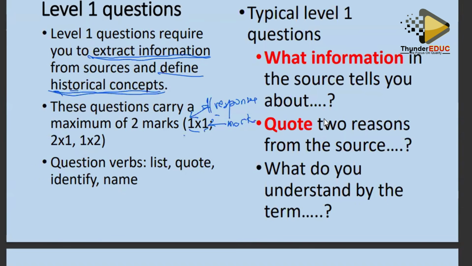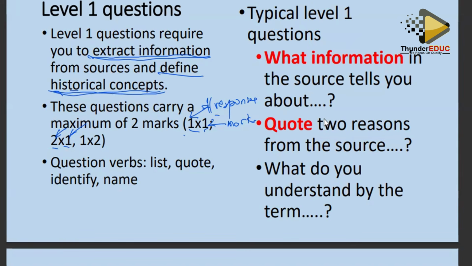For example, name the countries that were involved in a particular historical event. Name the individuals who were actively involved in a particular event. You are naming one, and you're getting 1 mark for that response. It's one response, and the response has got 1 mark. That is 1 by 1, giving you 1 mark. Then we go to 2 marks, which are made up of 2 by 1. That is 2 responses, each response having 1 mark, which means you are giving 2 different responses.